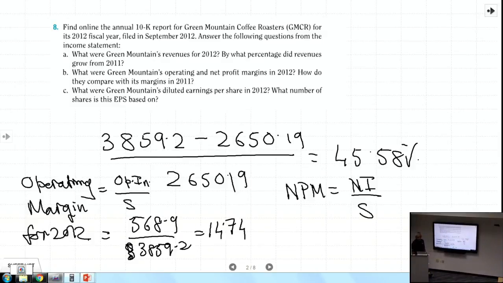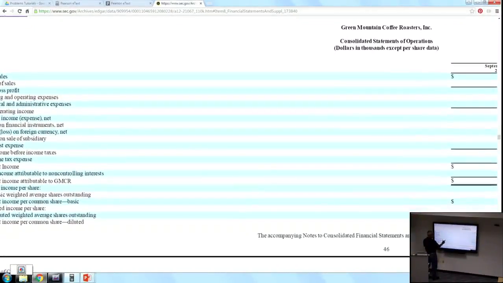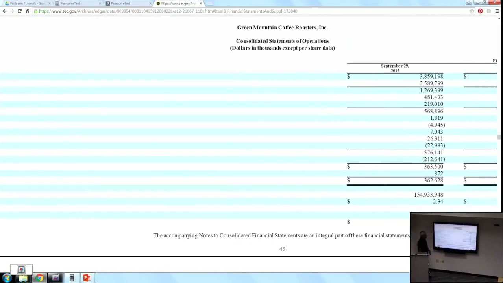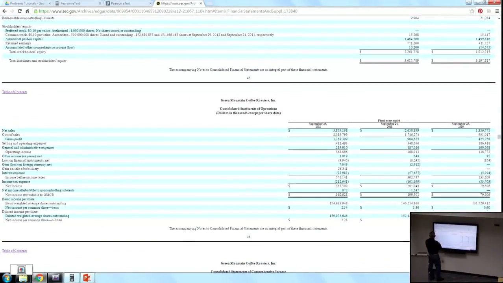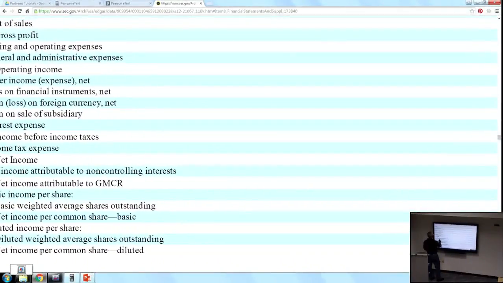Net profit margin is going to be net income. So we go back to the income statement again and look at where net income is. Net income is here. Net income attributable to GMCR.